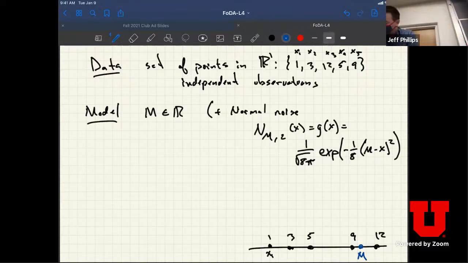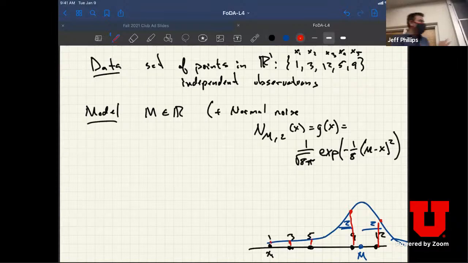But if I chose this model, there's some Gaussian or normal noise model with the standard deviation of 2, which has a probability density function that looks like this. I can measure this function at 12 with this choice of model, maybe that's at a point 10, as being at a certain height here. That gives me a value. 9 gives me a value here, and 5, 3, and 1 give me very small values. So this is kind of my model function.